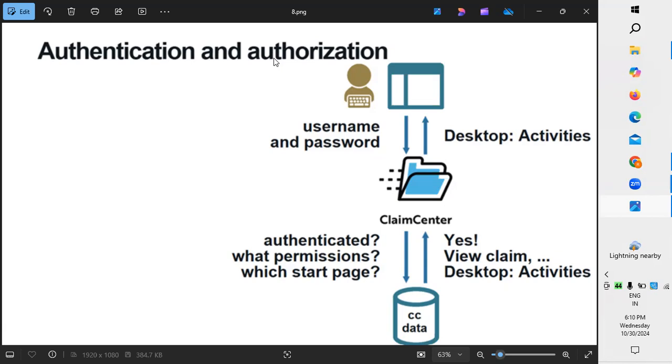Because whenever we are working on the claim center application, it is always important to see what configuration guidelines we have to follow.